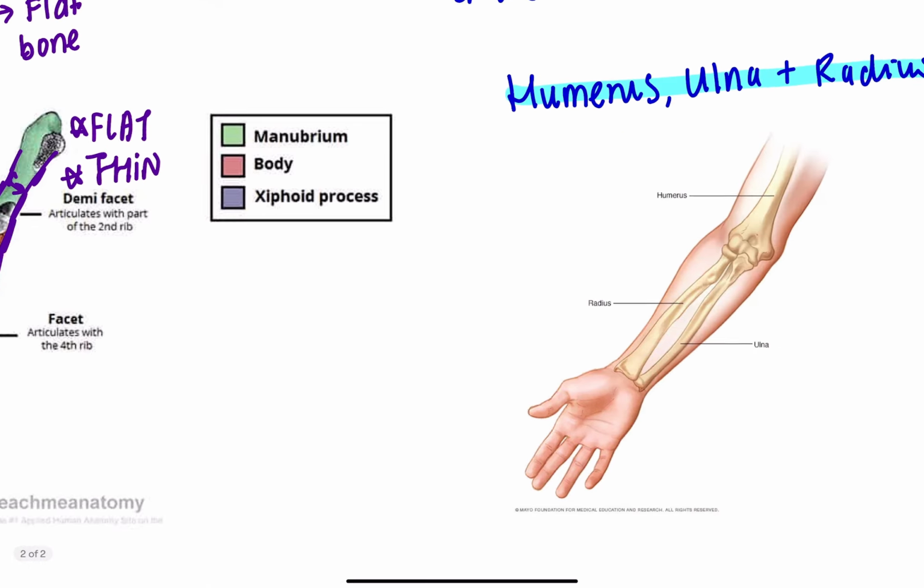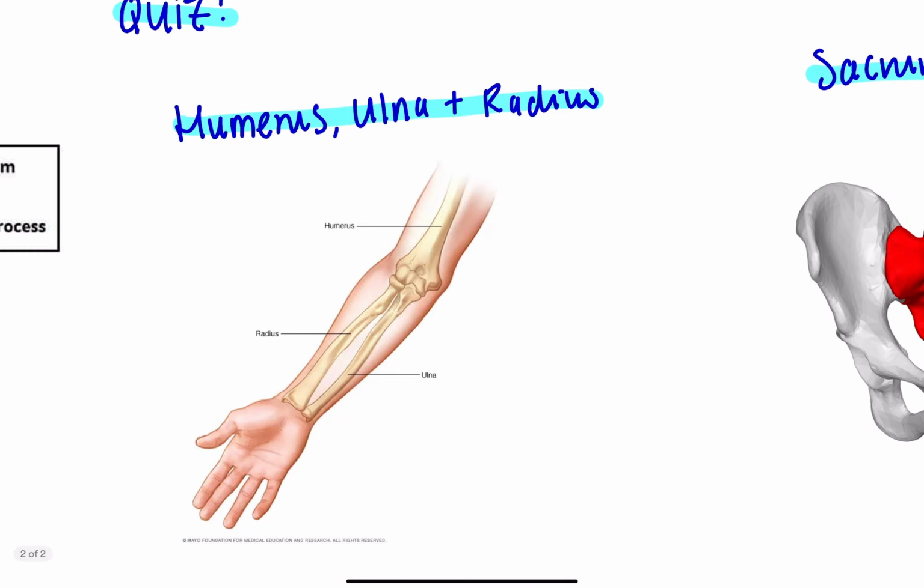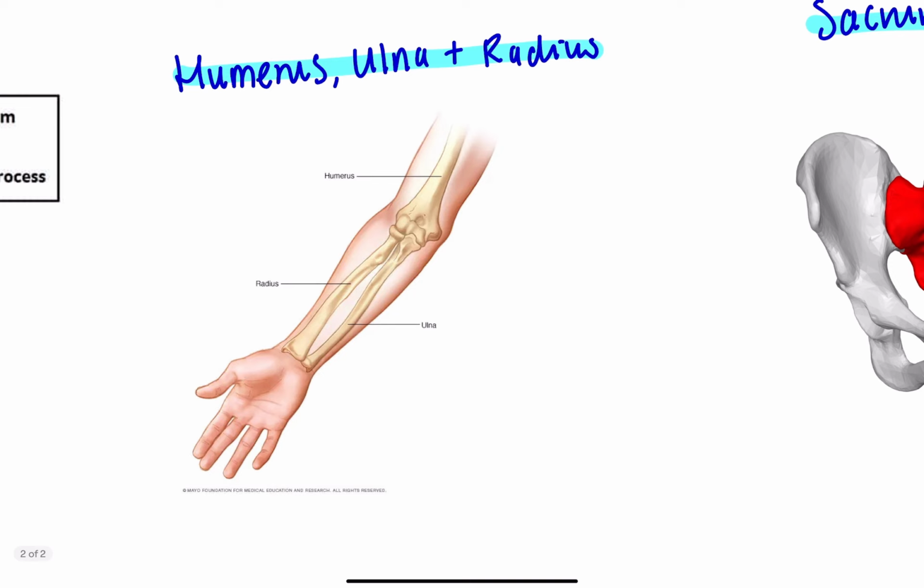Alrighty. Next up, we've got the humerus, the ulna, and the radius. Three bones found in the upper limb. The humerus is found in the arm, and the radius and ulna are found in the forearm. They are longer than they are wide, as you can see here. They're not wide at all, actually, if you really look at them.